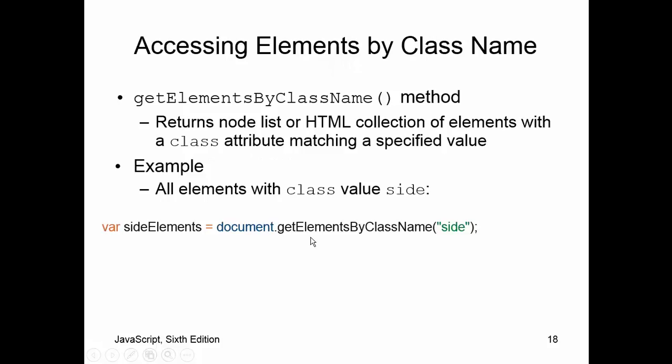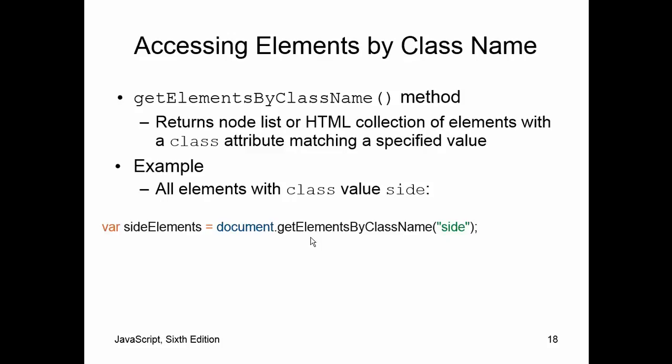Sometimes you're not concerned with all p tags or all H1 tags or whatever. Sometimes what you're concerned with is all elements that have a certain class name assigned to them. So when you use getElementsByClassName, as is shown right here, it again returns an HTML collection of elements, also known as a node list.